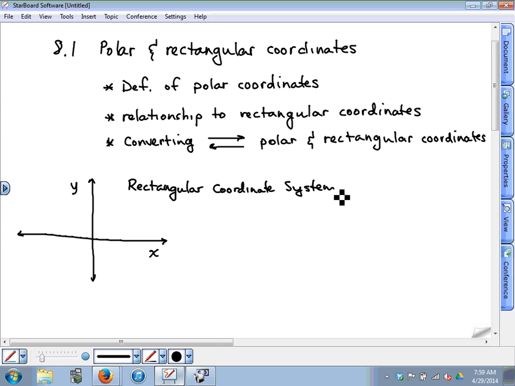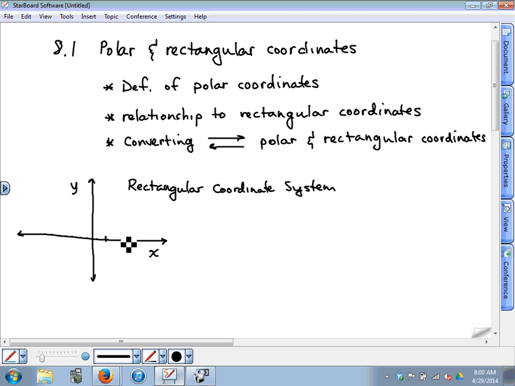This is what you're used to using. This is what you've been using since junior high days. To locate a point on the plane, you've been using the rectangular coordinate system. And it's called rectangular because to locate a point, it has a horizontal component and a vertical component. That's why it's called rectangular. It has those two components.